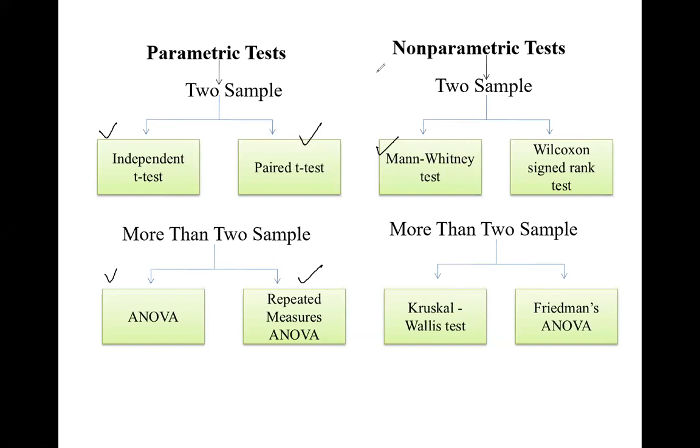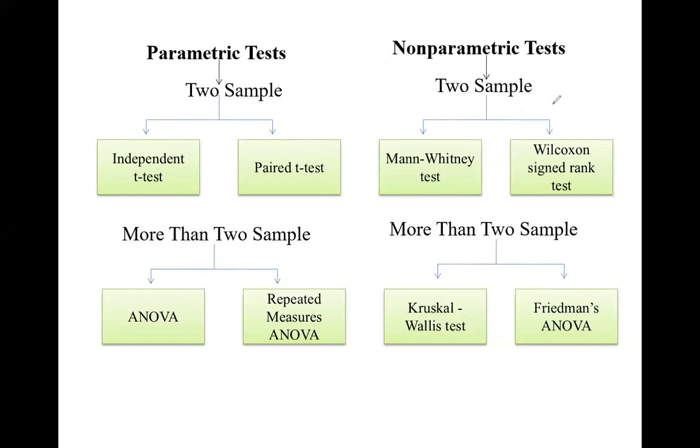Second is the paired t-test. The equivalent of the paired t-test is the Wilcoxon signed rank test. The Wilcoxon signed rank test is not new. It is just equal to the paired t-test and gives the same result as the paired t-test.